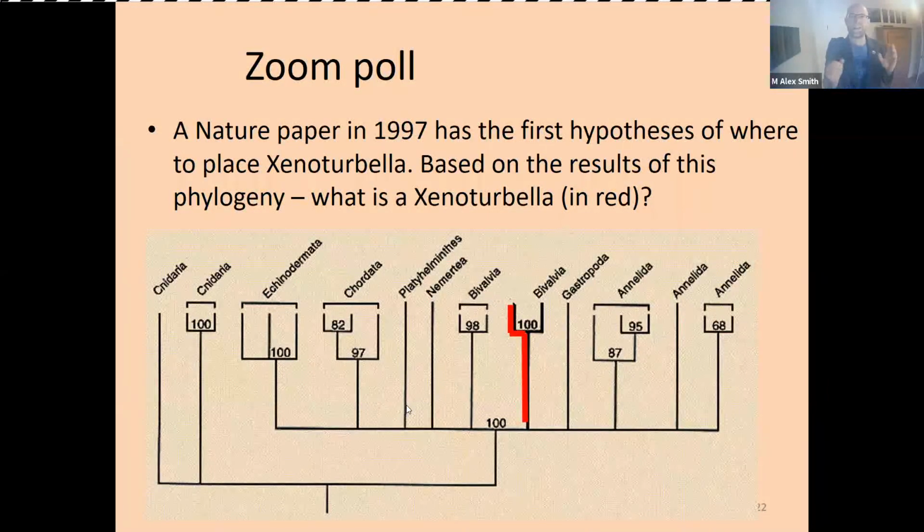This is a mollusk. Now I know we haven't been to mollusk land, we haven't talked about mollusks, but I would ask you to consider what you know about mollusks and say, this is a surprising result. For one, no shell.